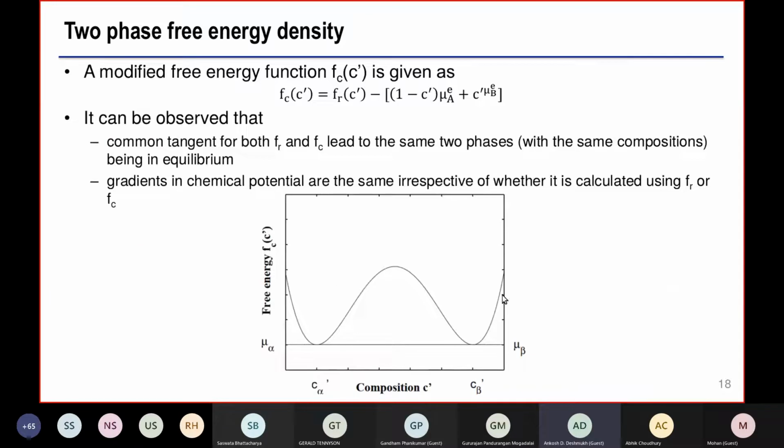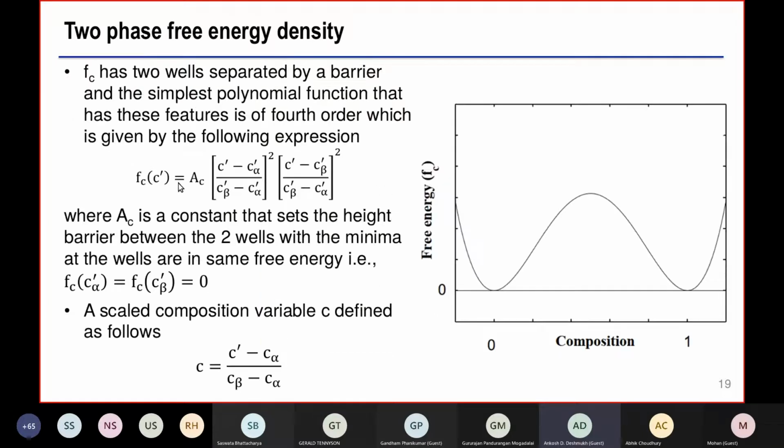So this is scaled according to this expression, which tends to bring uniformity. I mean it brings the two wells to the same level, which can be accounted for with the scaled compositions. I would like to emphasize that.